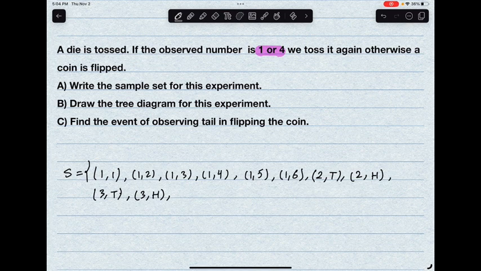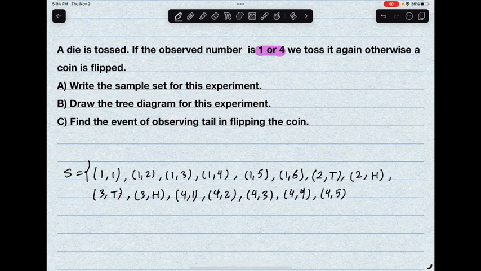What about 4? For 4, we toss a die. So it's 4,1; 4,2; up to 4,6.